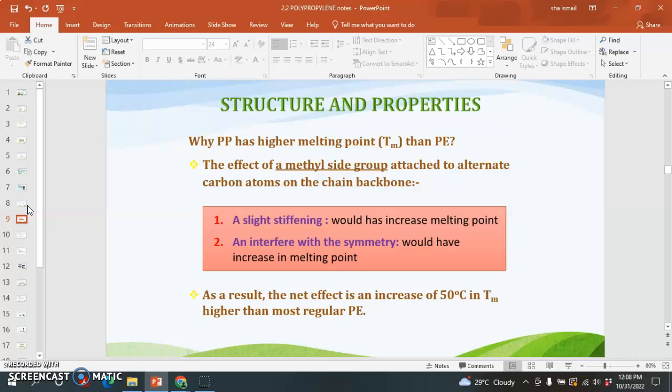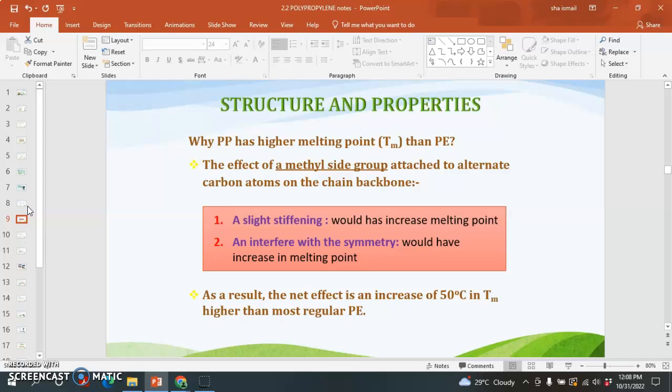PP has an outstanding advantage compared to PE because, for example, in dishwasher safe food containers, it doesn't melt below 160 degrees C. Compared to PE, PE will melt at 100 degrees C, which means that PE dishes will warp in the dishwasher.